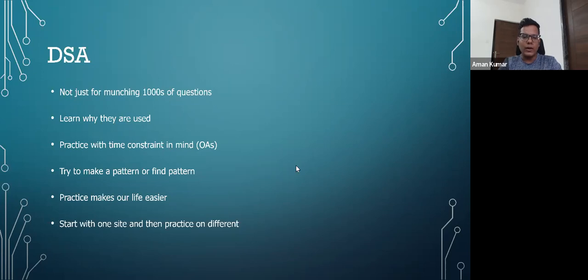So definitely practice makes our life easier. We should definitely be practicing. If you are a college student, yes, I see a lot of debate going around data structures and algorithms, whether we should do it or not, or maybe competitive programming, whether we should do it or not. I think that you should definitely know data structures and algorithms. I'm not saying you should not do competitive programming.